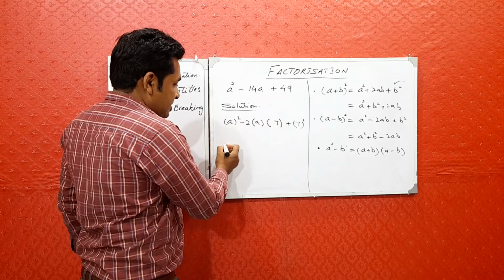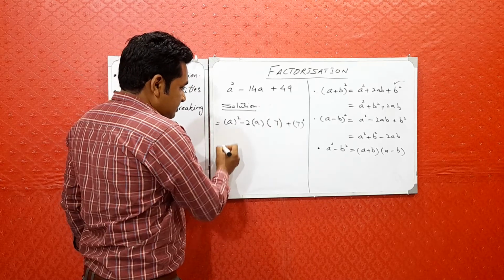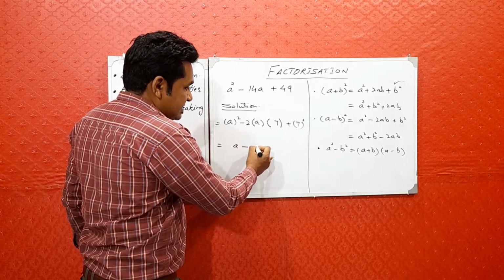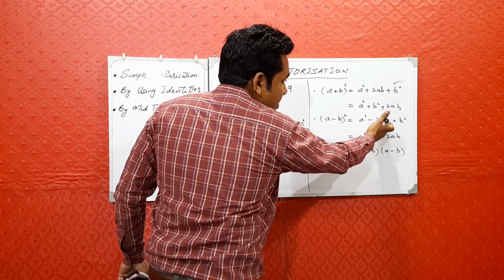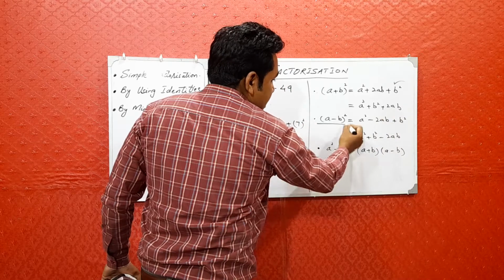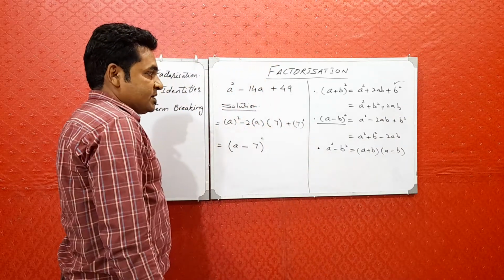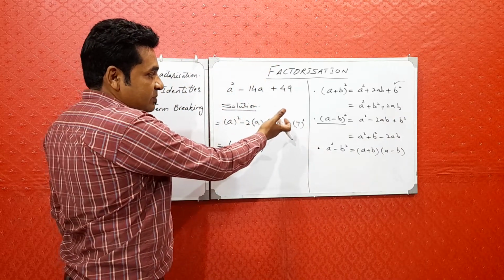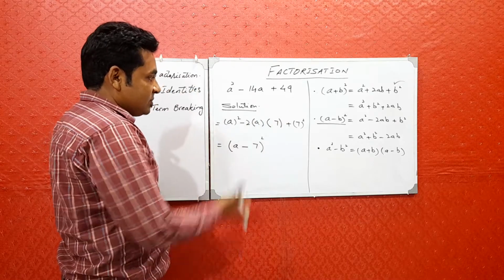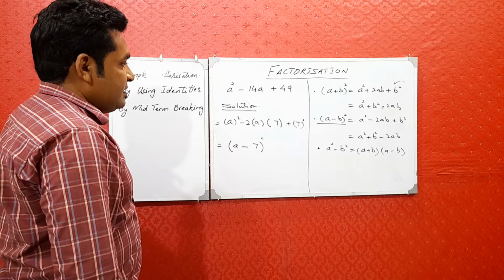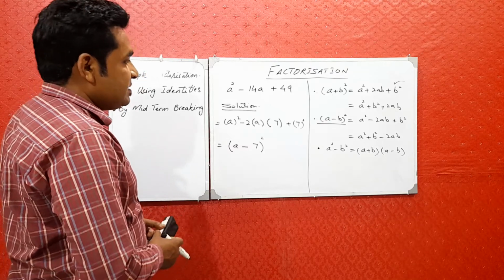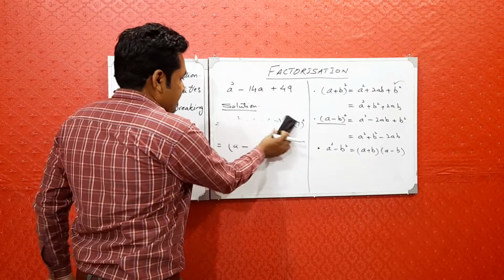Now you can write a minus 7 whole squared, because a squared minus 2ab plus b squared can be written as a minus b whole squared, where we have replaced b by 7. Now let's use the last identity.